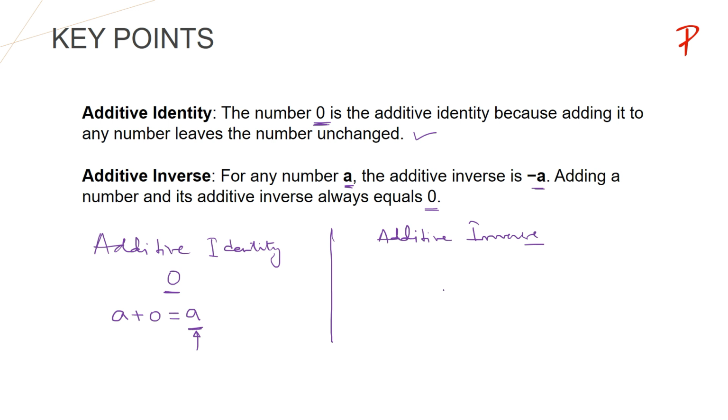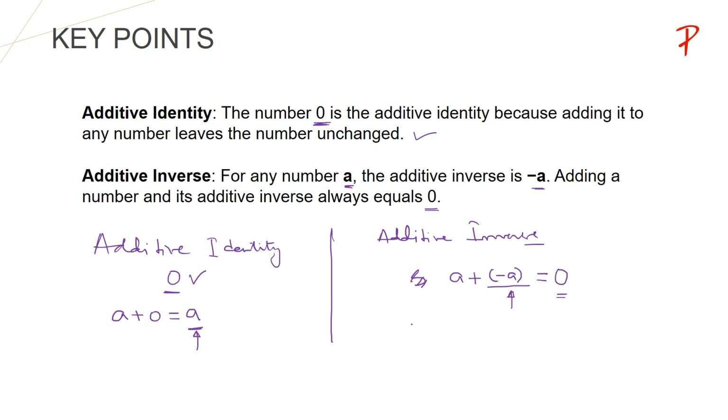In additive inverse, if you have any number, say for example a, I must add a number to a so that the sum is 0, that is minus a. So this is the difference between additive identity and additive inverse. Additive identity is always 0 and additive inverse is going to be a number which is added to the original number to make the sum 0.